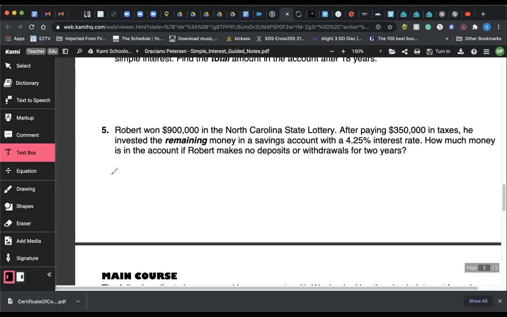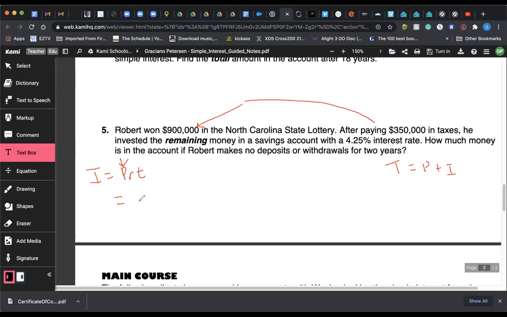We're looking for the total at the end. So you need to do principal plus interest, but you have to use the interest formula to figure out how much money he's depositing, and that's going to be your principal. You have to figure that out first. You have to do some subtraction here. And then you can figure out how much interest he's going to make after 2 years. And then tell me what his total is going to be.